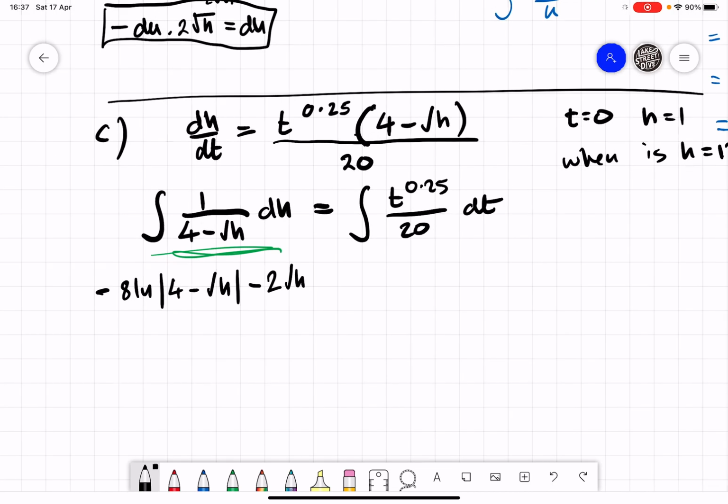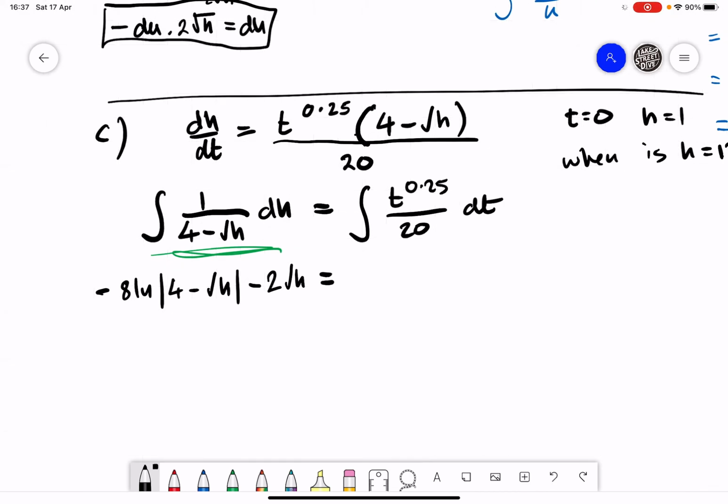Okay, we'll resolve all of the constants on the other side. Power goes up by 1, t to the 1.25. Divide by the power. Pausing for a second while I work out 20 times 1.25. 25, plus c. Okay, so that's the information we have.